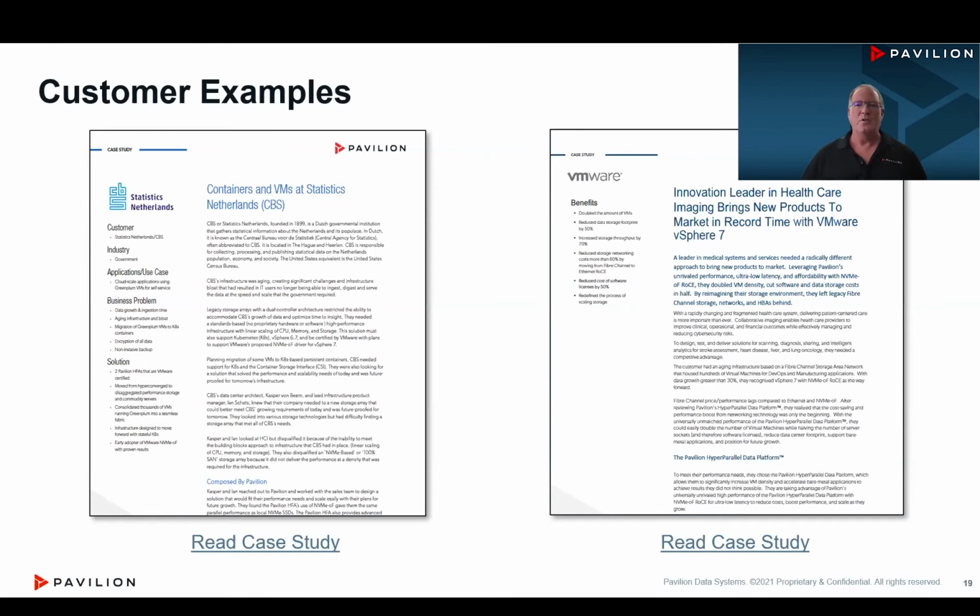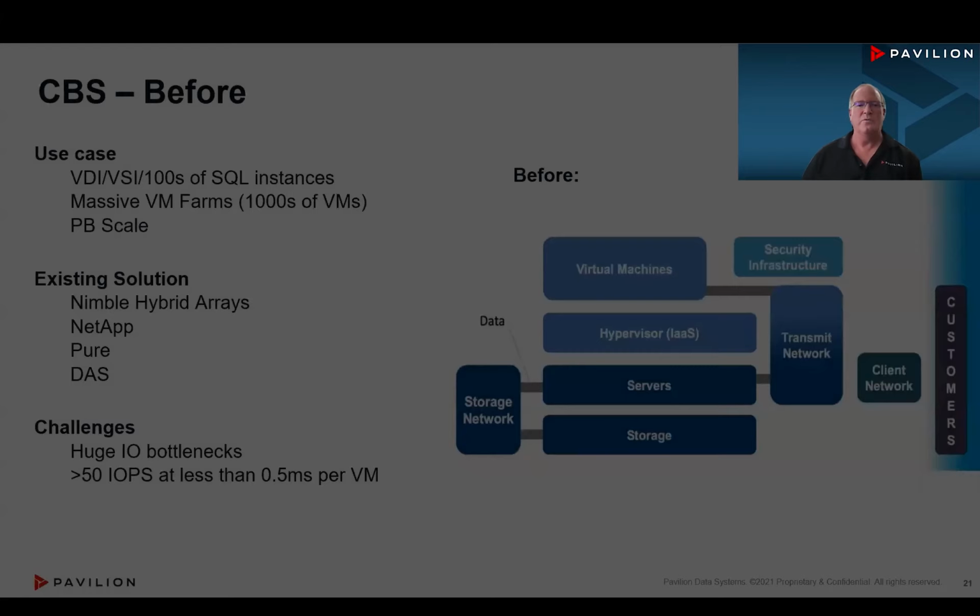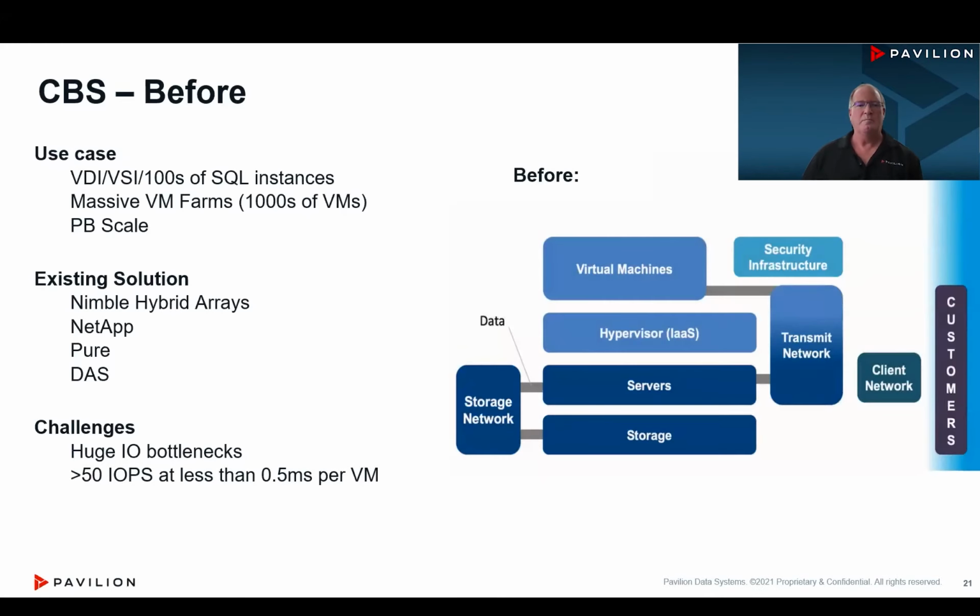Their world before Pavilion came on the scene was thousands of VDI instances and hundreds of SQL instances, a massive VM farm, multi-petabytes in scale. They had a variety of different solutions, but the real challenge was IO bottlenecks.